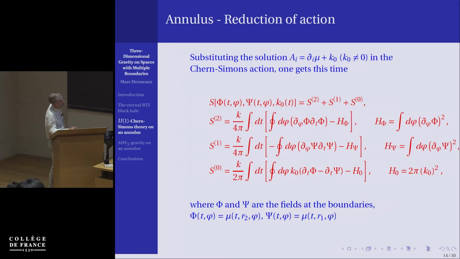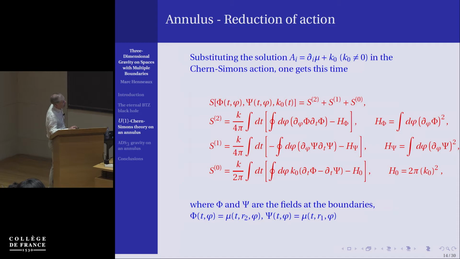So this is the value of this parameter, one at R2, the other at R1, the other boundary. So this is the action, and this is very similar to what we found for a single boundary theory.